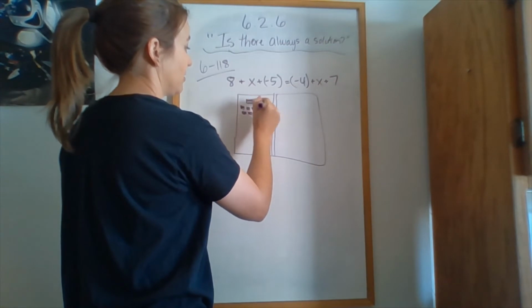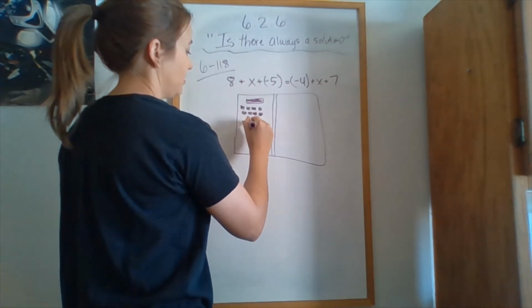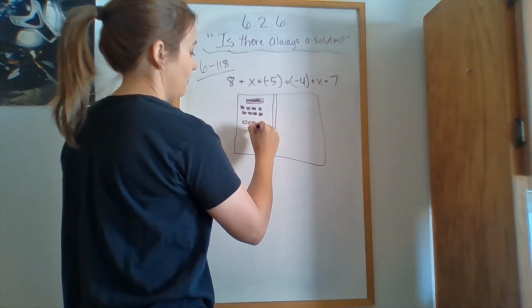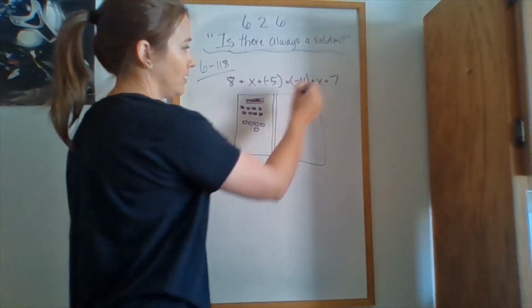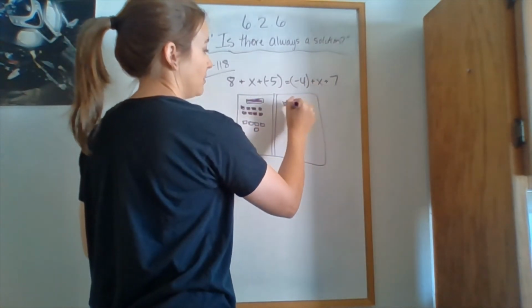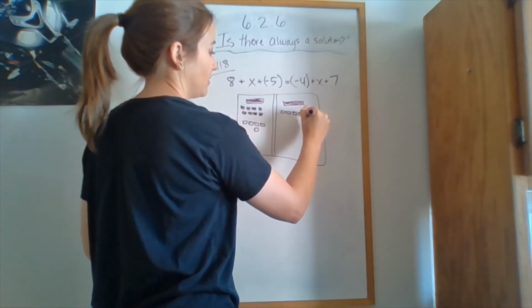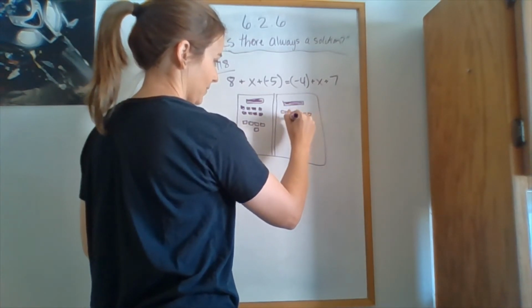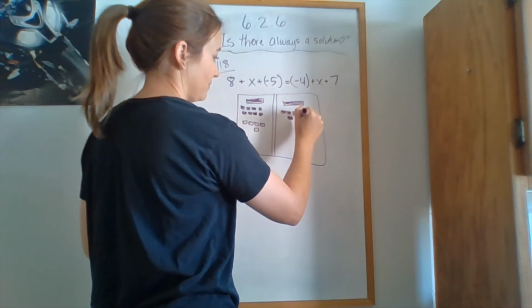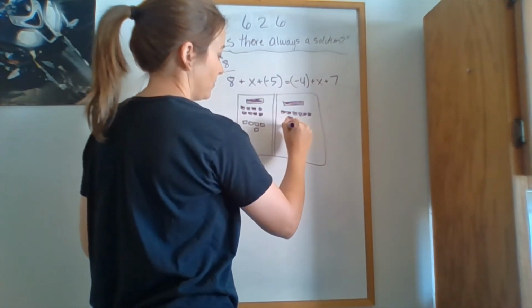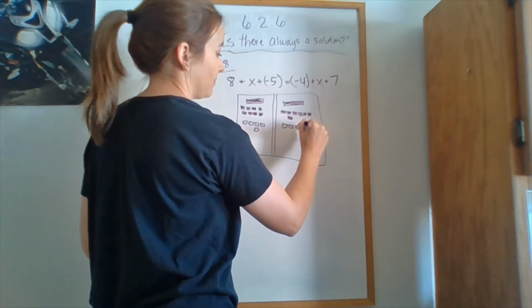That's also filled in. It's a positive x. 1, 2, 3, 4, 5. There's -5. We have 1 positive x here. We have 7, positive, positive, positive, positive, positive, positive, positive. 4 negative. 1, 2, 3, 4.